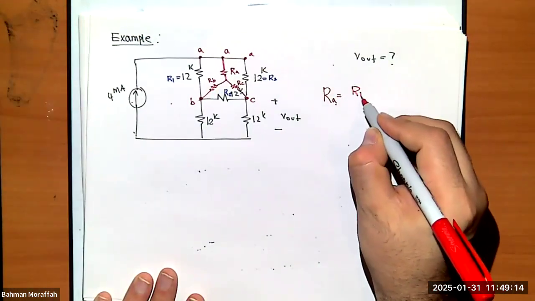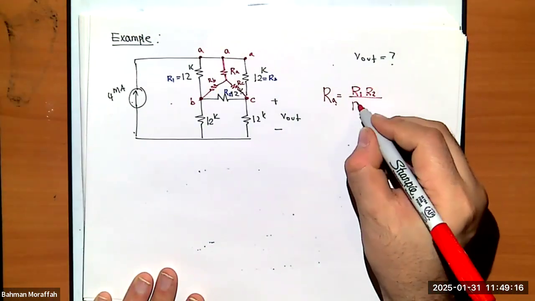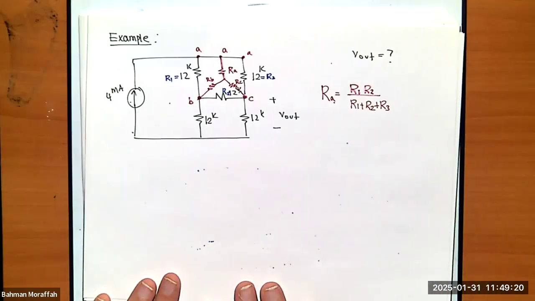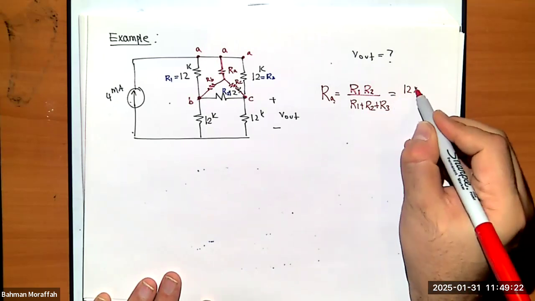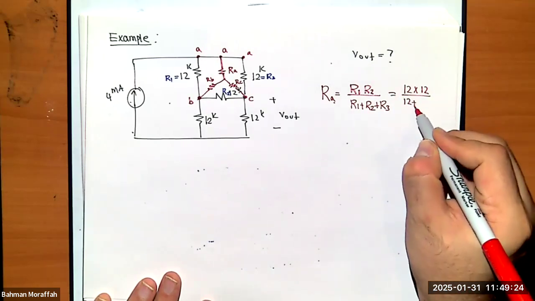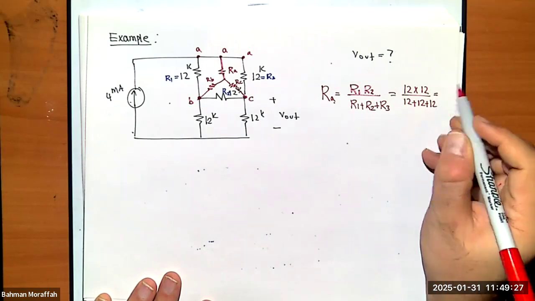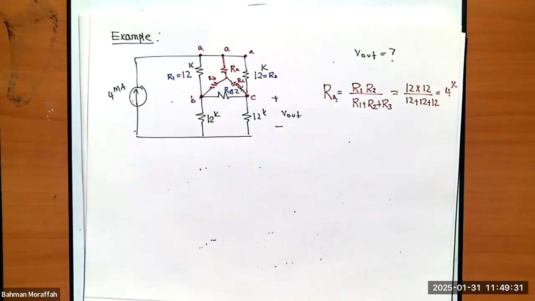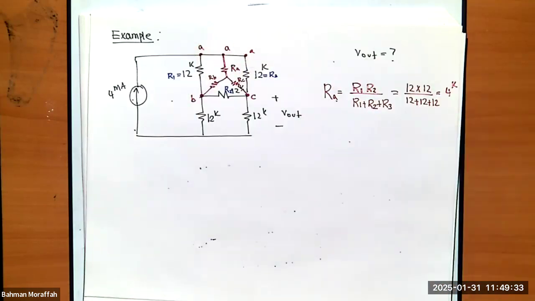So that would be R1 R2 divided by R1 plus R2 plus R3, which is 12 times 12 divided by 12 plus 12 plus 12, which is 4K. We already knew it, right? Because that's a delta with equal values, so the Y should be 1/3 of it. We already knew that, but the actual formula also tells us the same thing.